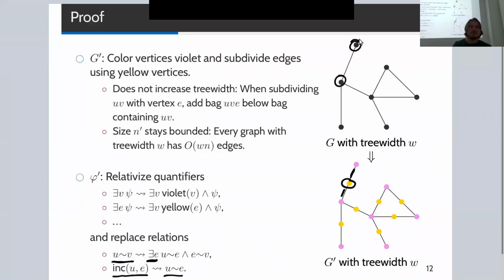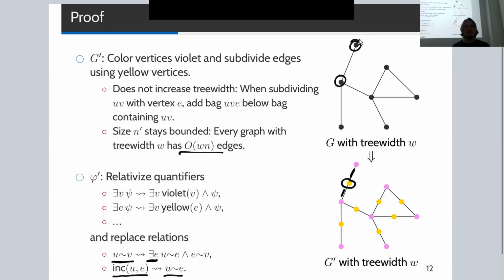Again, this thing about O of W times N edges, isn't it just twice as many edges as before? Twice as many edges in G? We don't need to bound the number of edges in G prime, we need to bound the number of vertices. Okay.